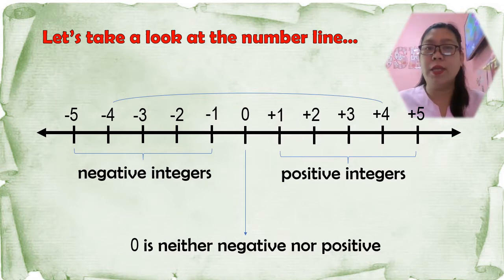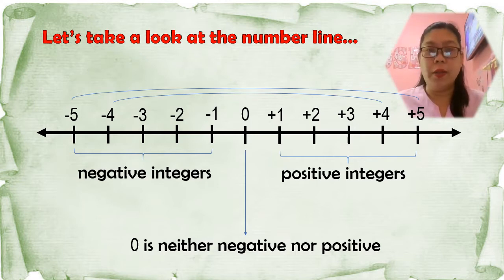Integers that are equidistant or with the same distance from 0 are called opposites, like negative 4 and positive 4. Negative 4 is 4 units to the left of 0, while positive 4 is also 4 units to the right of 0.